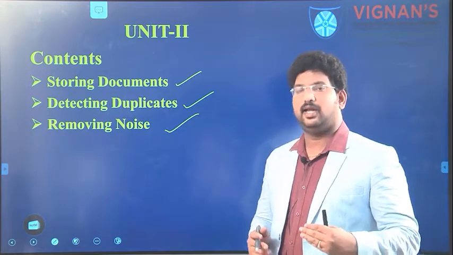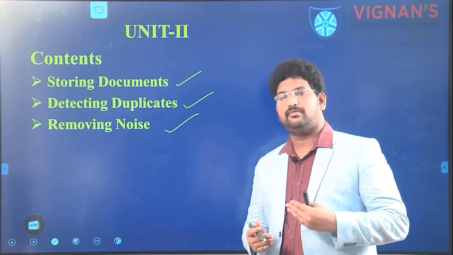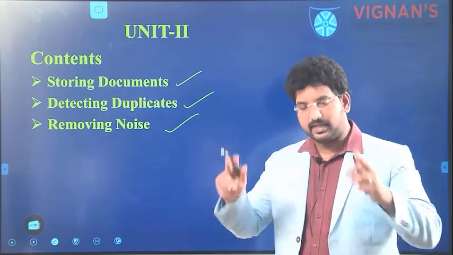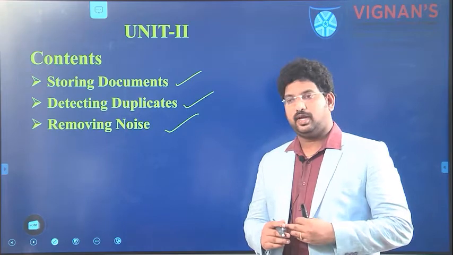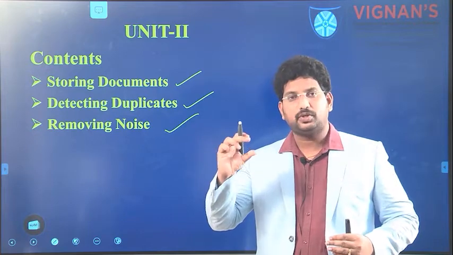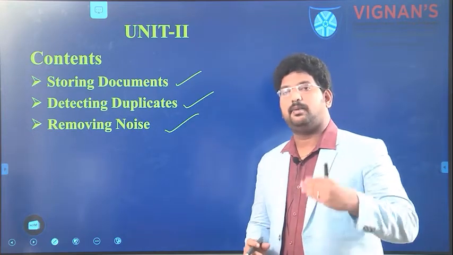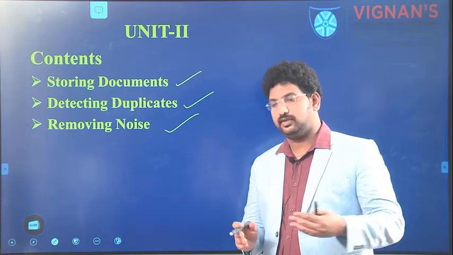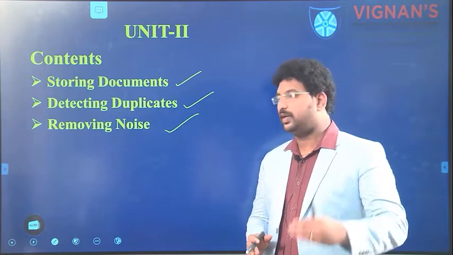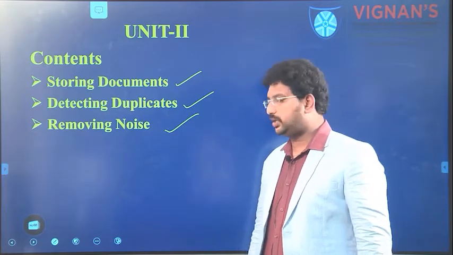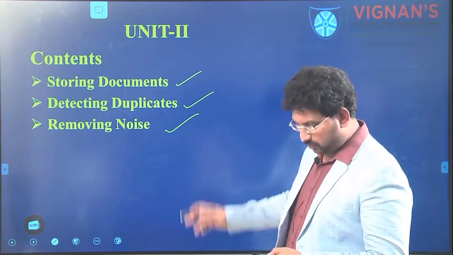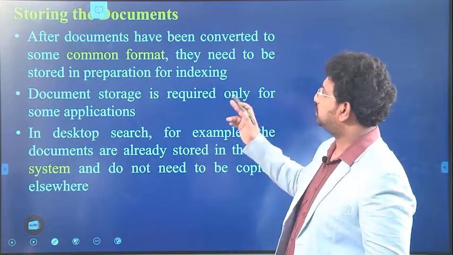Whenever you try to retrieve information about any topic and you retrieve a particular document, in the entire text only a few portions are useful for retrieving your information, but the remaining is unnecessary and unrelated information for the web search query. That's what we call noise, and this is how we identify the noise and remove it. These are the concepts we are going to learn.